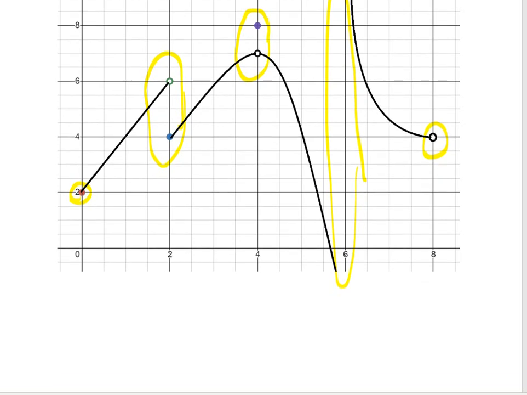So what we have is that our function is going to be discontinuous when x equals 2, 4, and 6. And we're also going to be looking at the endpoints too. So let's go ahead and write those down. So the endpoints are going to be when x equals 0 and 8.